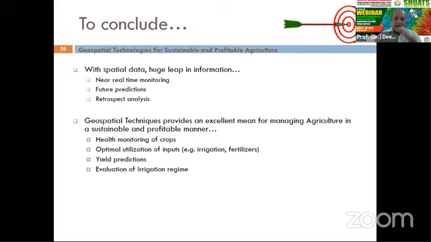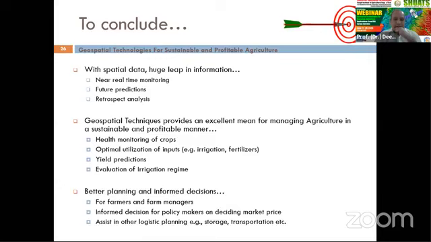So geospatial technologies provide an excellent means for managing agriculture. We can monitor crop health, optimize inputs like irrigation and fertilizers, do yield predictions, and evaluate the irrigation regime through water use efficiency.